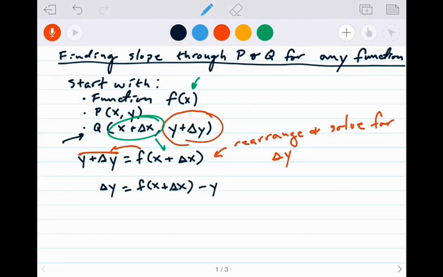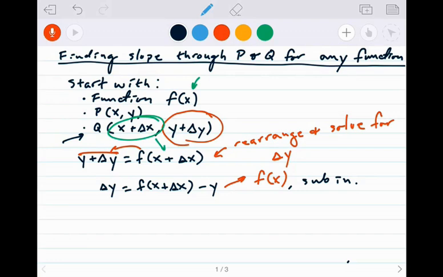But from what we just did, we know that y is simply f of x. So let's sub that in.